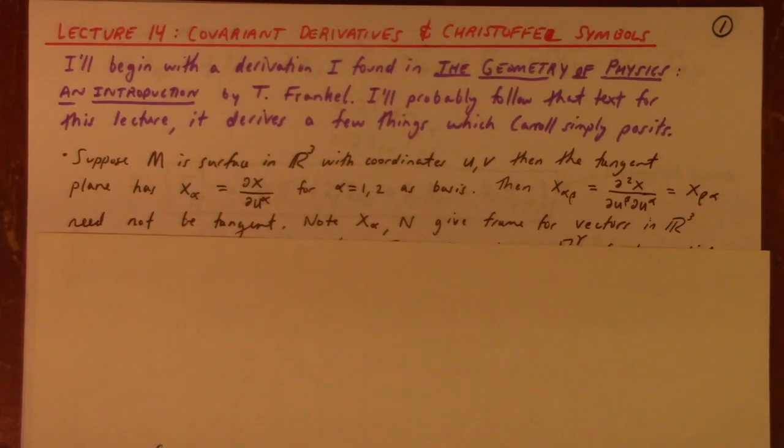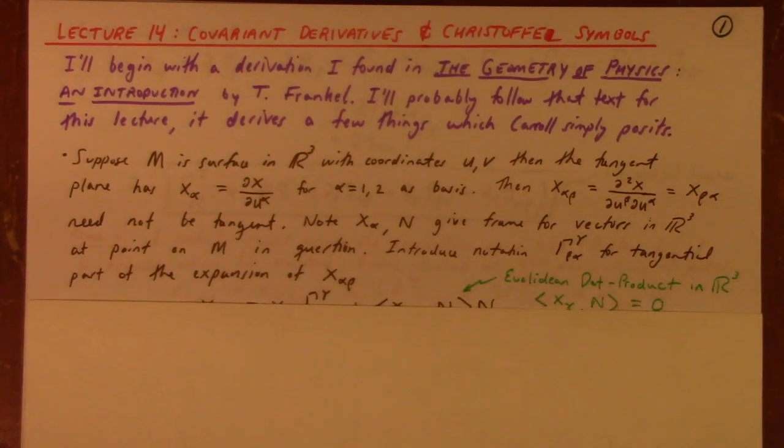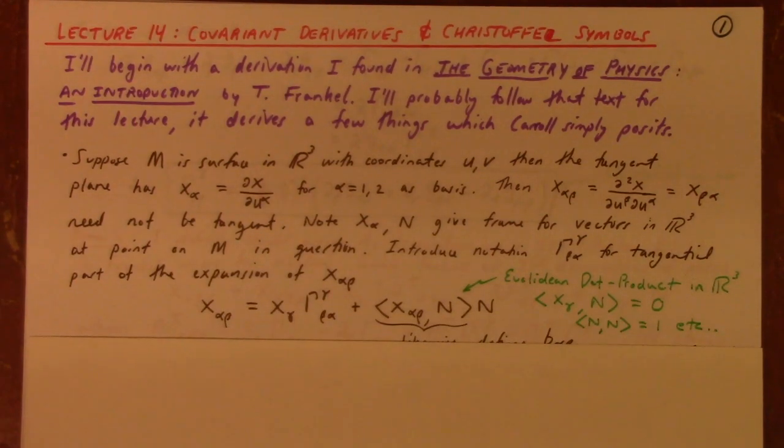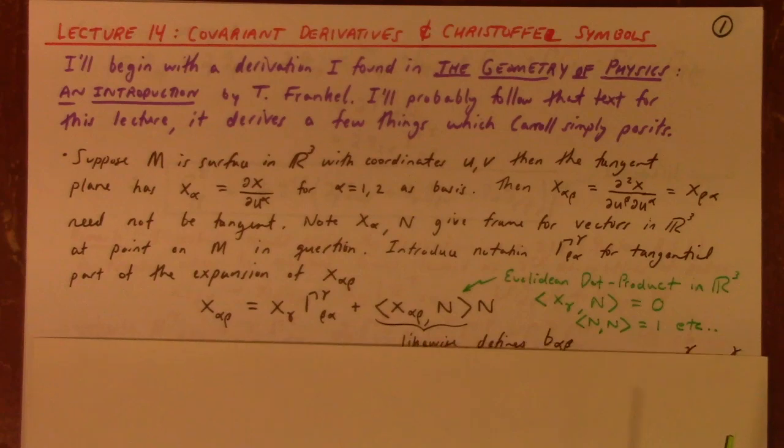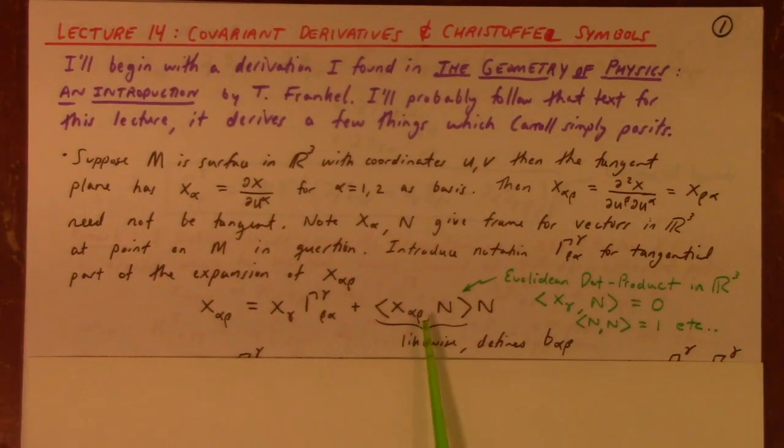But of course, it's a surface in R3, so there's either the tangential direction or there's the normal direction. And so you can pretty much write the acceleration in terms of two pieces: the piece which is in the tangential direction and the piece which is in the normal direction. So you take the projection, essentially, you take the dot product. This is the notation for this first part of the lecture.